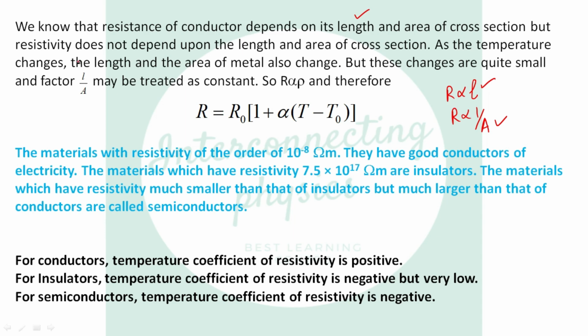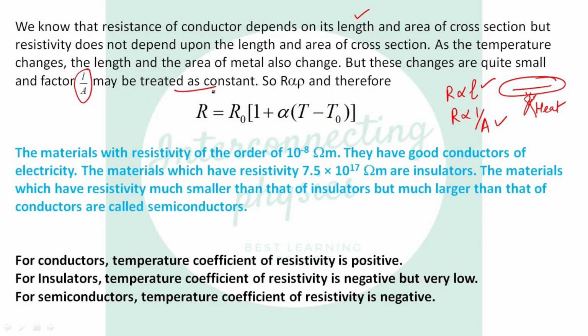As the temperature changes, the length and area of cross section of the metal also change. Obviously, if we have some metal and we heat it, the length will change and the area will change. So as the temperature increases, the length and area of the metal also increase. But these changes are quite small and the factor L over A may be treated as constant.